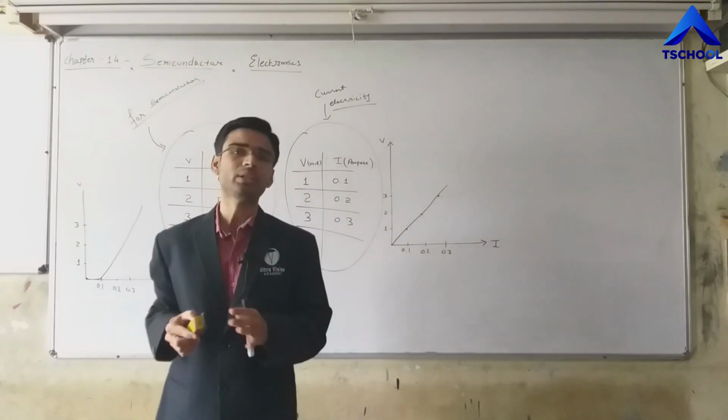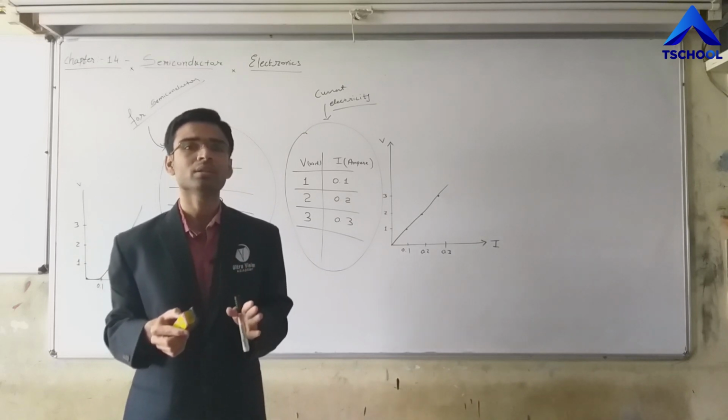The fourth group of the periodic table contains silicon and germanium. Silicon and germanium are semiconductors. Why? Because they have more free electrons compared to insulators and fewer free electrons compared to conductors.